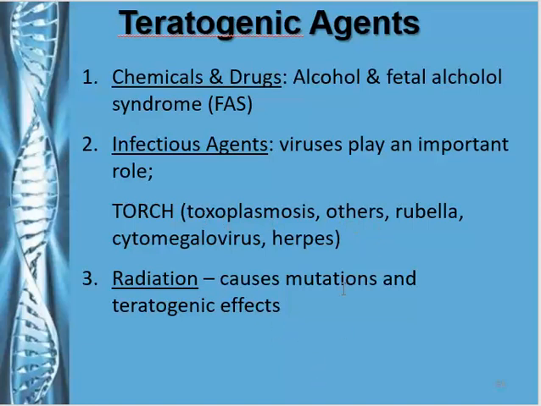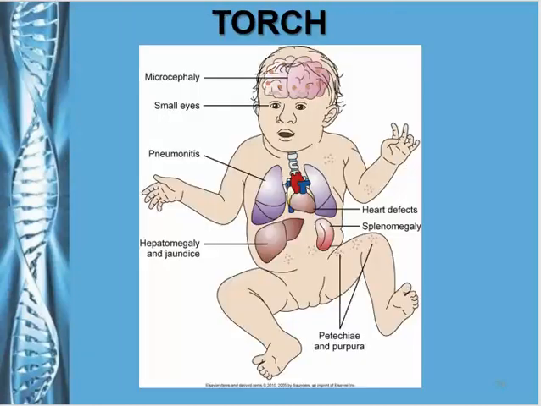Others, which is pretty wide open, rubella, which is red measles, cytomegalovirus, herpes virus. Radiation will do that too, so that would be X-rays, and that's the reason you don't X-ray pregnant people unless it's necessary. So these are some of the things that can happen with the TORCH.